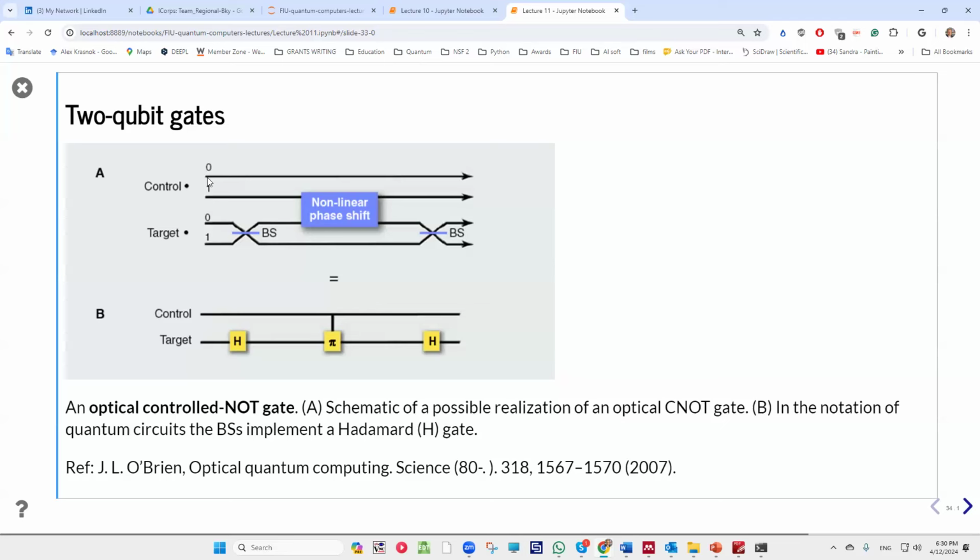When it's 0, then the target qubit does nothing, right? So it keeps the state of the target photon, of the target qubit.